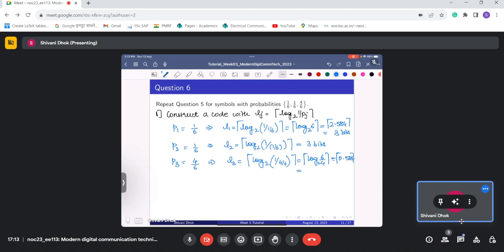So this comes out to be 1 bit. So what we have here is L1 and L2 are of 3 bits, and L3 is of 1 bit. So again we'll try to construct a tree for this.